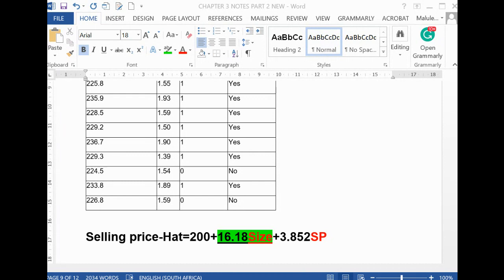When you hold constant the effect of the swimming pool, which is the X2, when you increase the size of the house by 1,000 square feet, which is the 1 unit, the selling price of the house will increase by $16.18 thousand.